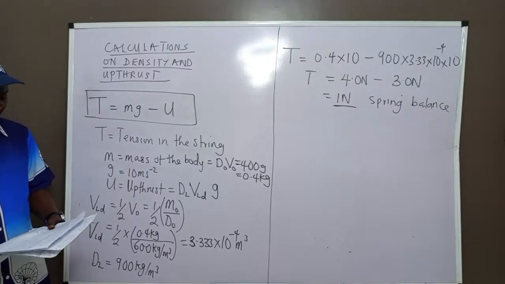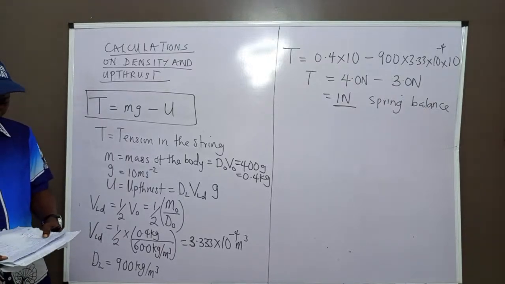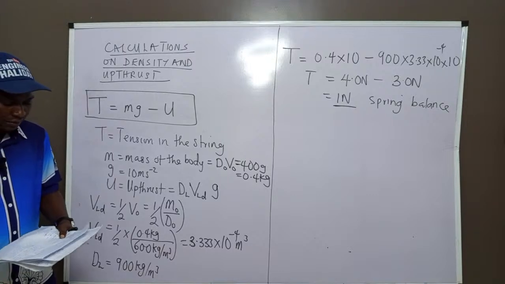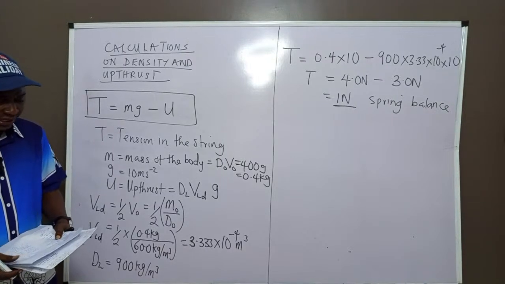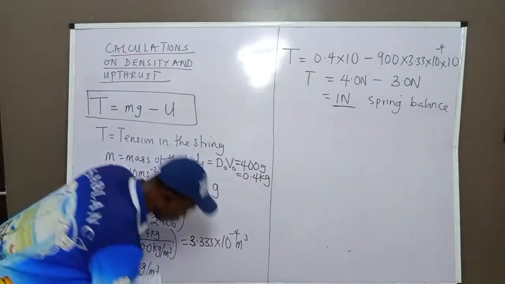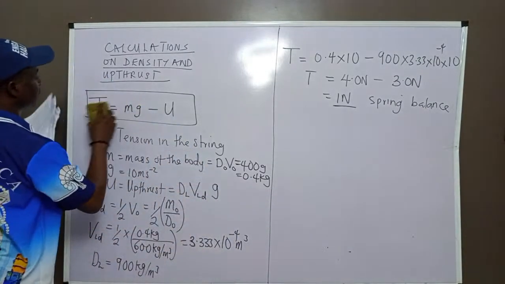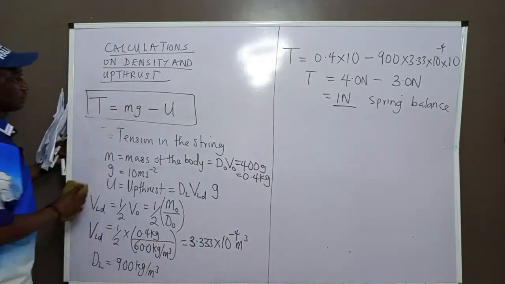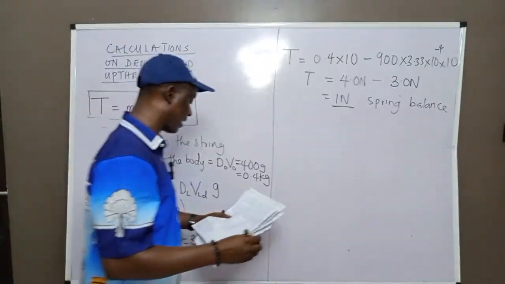Now, this one says, a body. Let's take this one first. It says, a relative density bottle. Let me write it there so that people are writing at home.